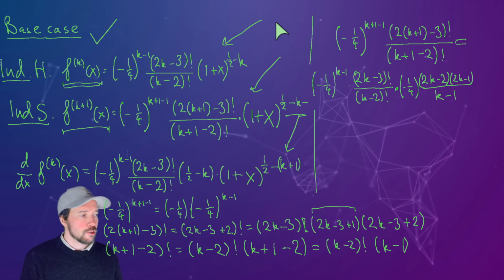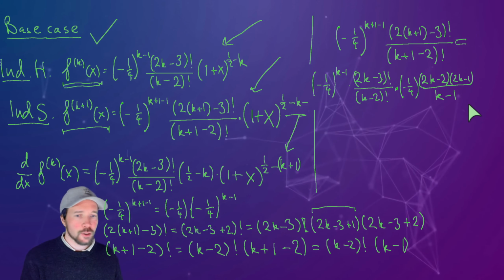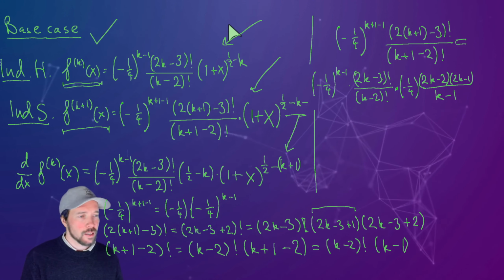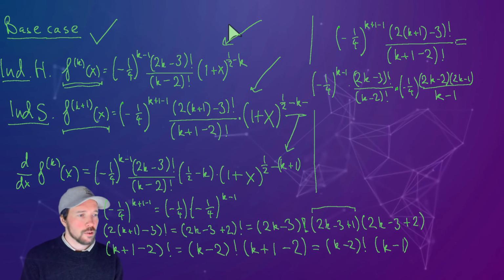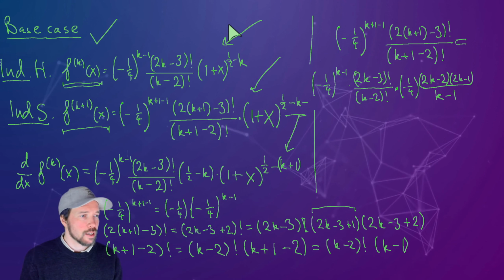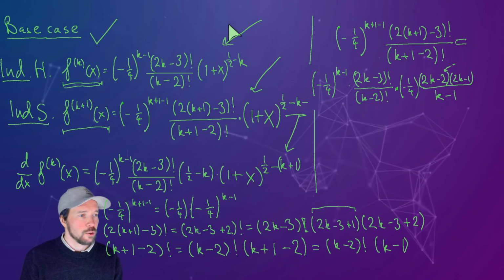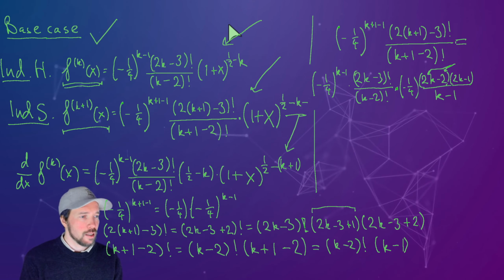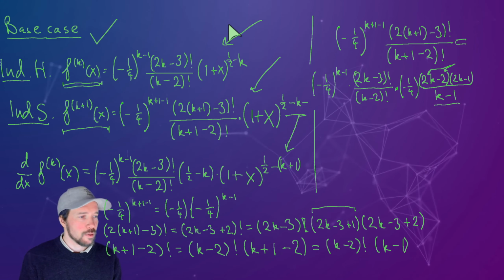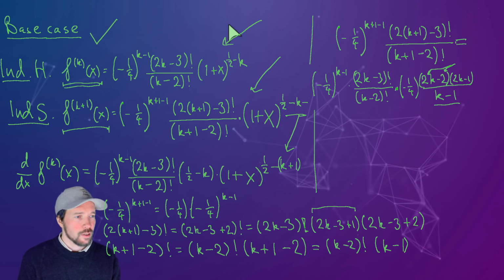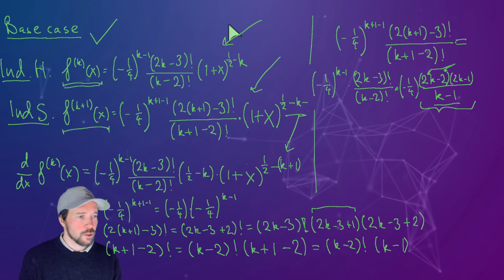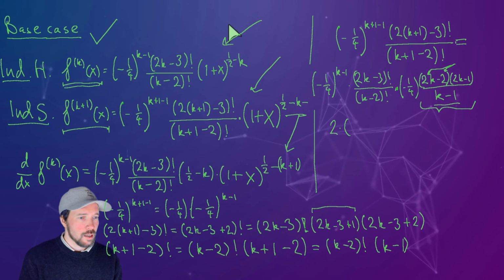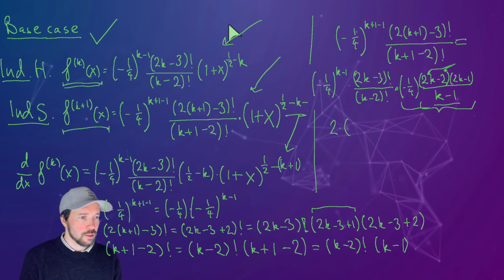So how am I going to show that this complicated looking term is equal to half minus k? Very easy. I'm just going to realize that here I have 2 and 2, and if I take that 2 out, I get k minus 1, and so then these k minus 1s will cancel each other.